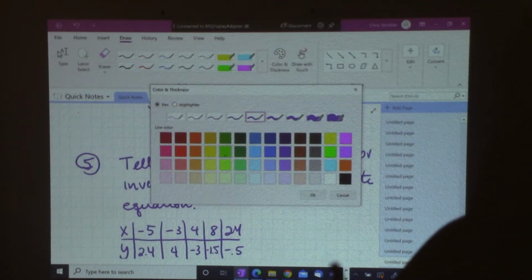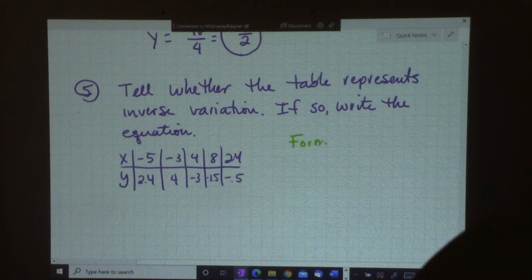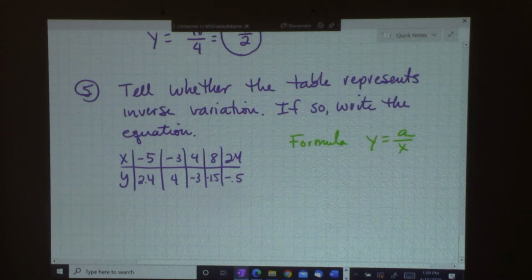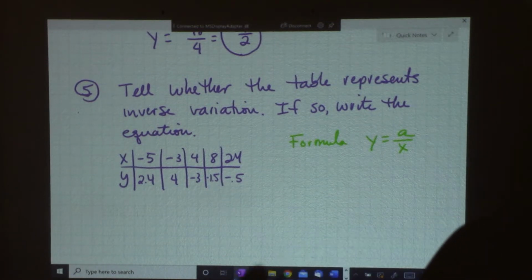Let's use green, okay? So now, my formula, remember, is y equals a over x. So, what I can do is get a by itself.